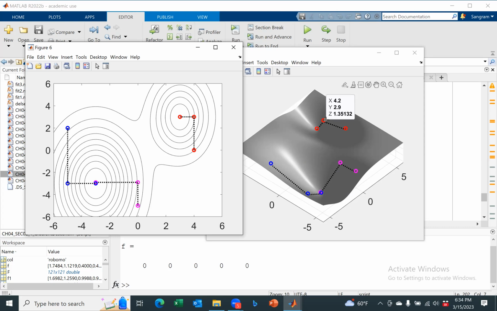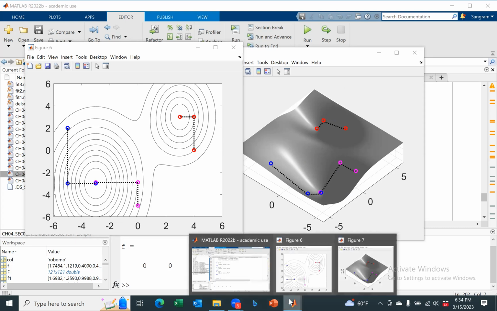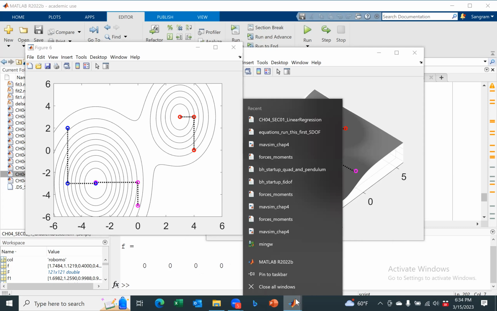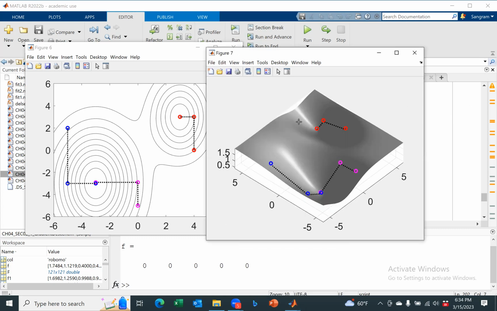And there are some variations of this. For example, you would observe that there is something called the alternate descent. There are some optimal techniques for the gradient descent. There are different algorithms for gradient descent. But at the end of the day, the purpose is to find out the lowest point in the region.